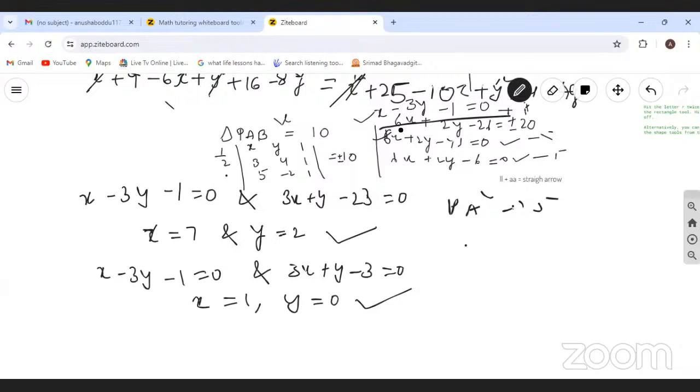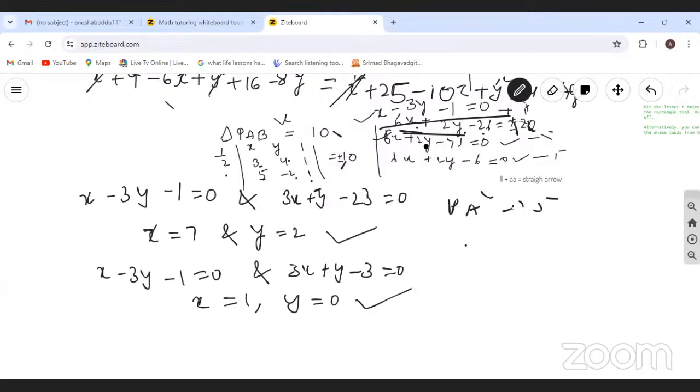After solving this, you will get an equation like 6x plus 2y minus 26 is equal to plus or minus 20, right? Here we have two answers. On the right side we have plus or minus 20. That means you can take two equations here: 6x plus 2y minus 26 is equal to plus 20, and 6x plus 2y minus 26 is equal to minus 20.